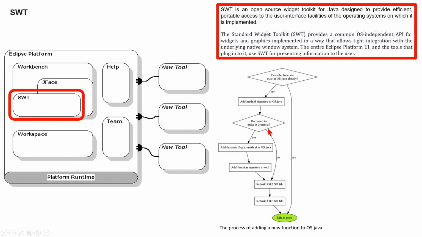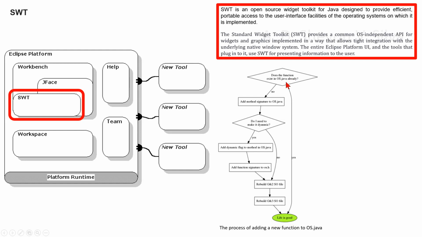Do I need to make it dynamic? If it is no, then it's connected to rebuild the GTK2 so file. It is connected to rebuild the GTK3 so file, and it is connected to: life is good, here is the function.